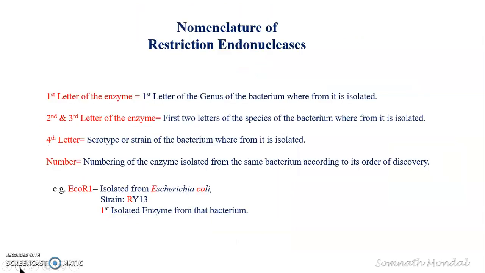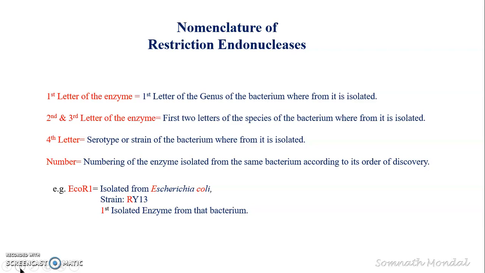Now, how they got their names, that is the nomenclature of restriction endonucleases. The first letter of the enzyme denotes the first letter of the genus of the bacterium from which it is isolated. The second and third letters of the enzyme are the first two letters of the species of the bacterium from which it is isolated.